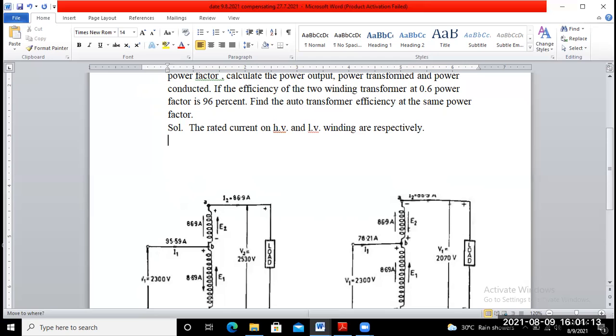So I_H equal to how much? That means KVA rating divided by HV side voltage rating, is it not?